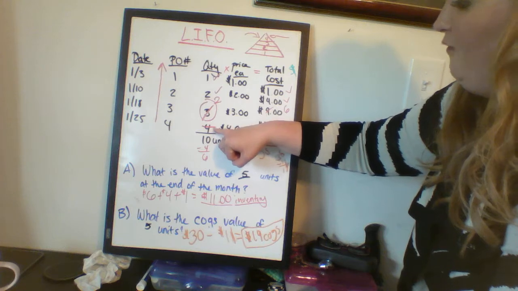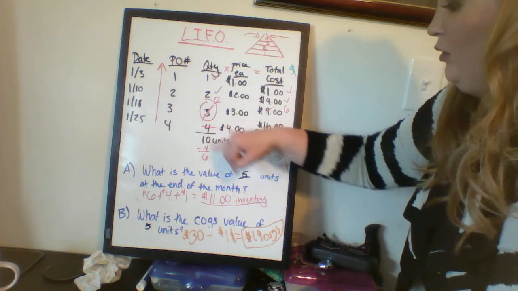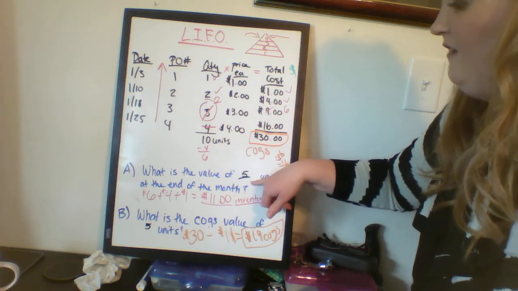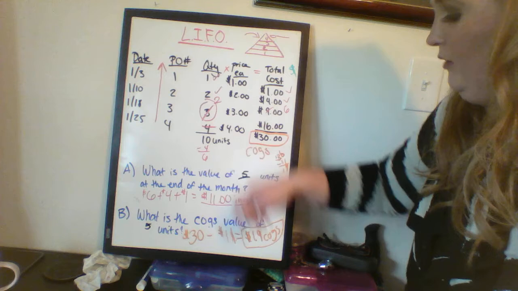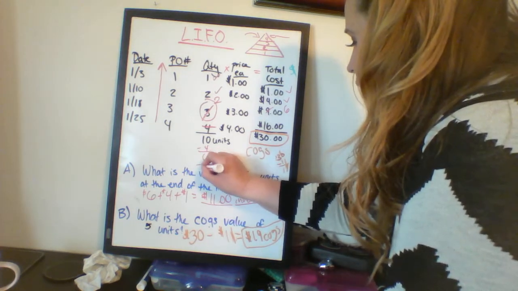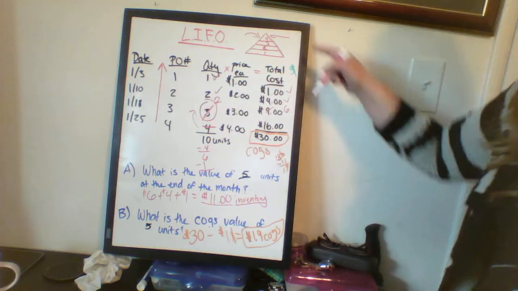So we know that we must have sold through all of 4, because 10 minus 4 is 6, and 6 is still higher than 5. So we have to subtract 1 more unit. Where do we get that 1 unit from? It has to come from the next PO.